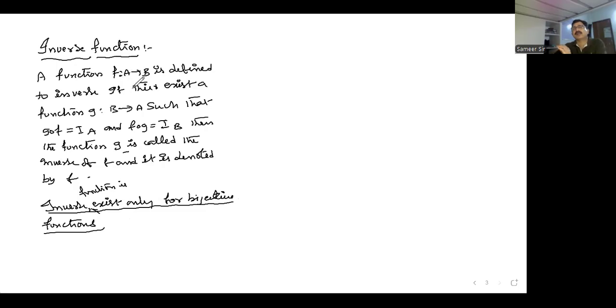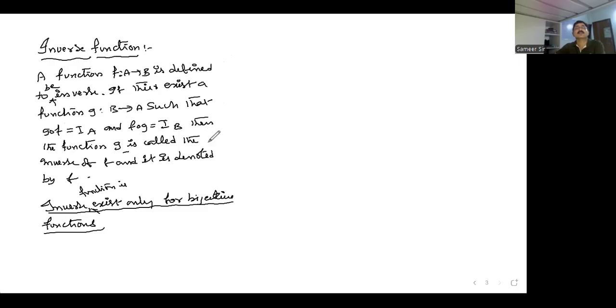So here is the definition; clearly I included everything in this one. See this: a function f from A to B is defined to be invertible if there exists a function g from B to A such that g circle f is I_A and f circle g is I_B.